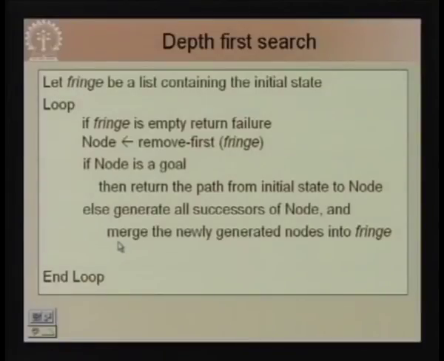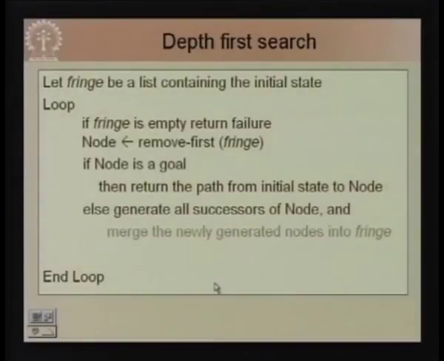Now we come to the next search strategy, which is depth first search. This algorithm will be again a variation of the basic search strategy that we outlined in the beginning, where instead of merging the newly generated nodes into fringe, we will give a particular strategy for merging. In breadth first search, we put the generated nodes at the back of fringe.